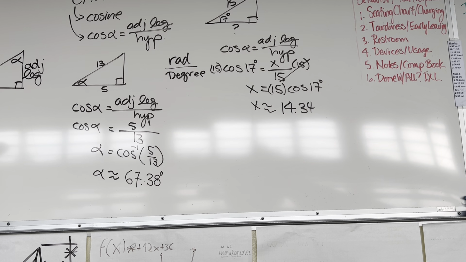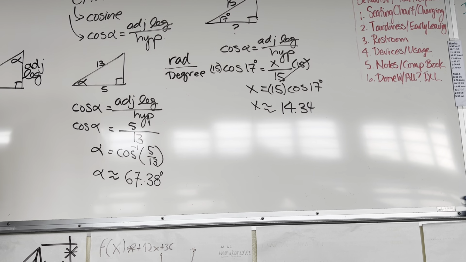Now regular cos of 17 degrees. Oh, I'm sorry. 15 times cosine of 17. There we go. Right there. 14.34. Yes. Did you get it?